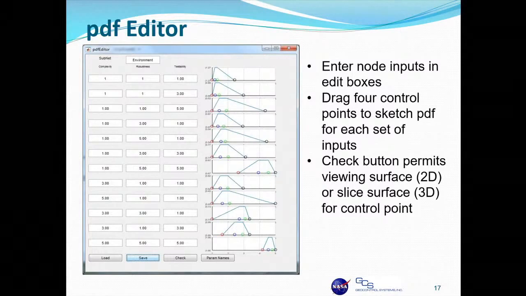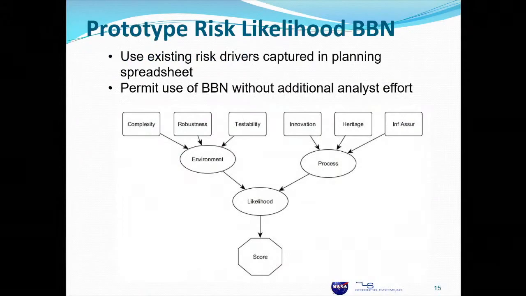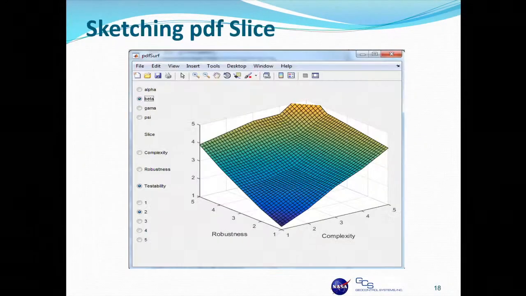These little circles, you can grab those with a mouse and move them to sketch the PDFs. Each of these is the PDF that we expect for a given set of inputs. And then we can switch back and forth from the editor to the diagram until we get the PDF that makes sense.